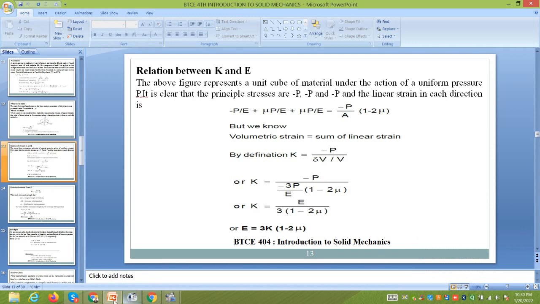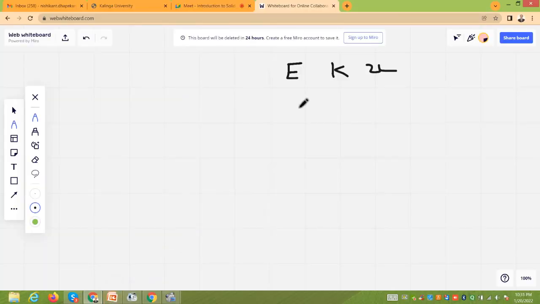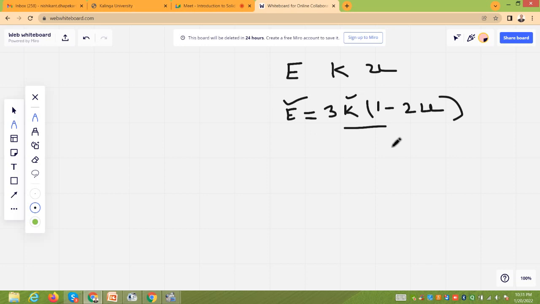If you consider E equals 3K(1 minus 2 mu), right? So what will be the units of these moduli? You know, the units of these moduli are the same as that of stresses.